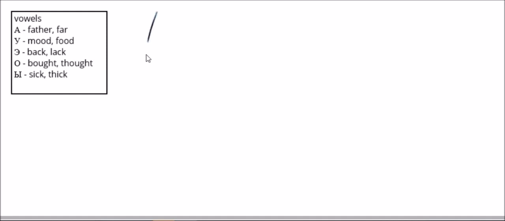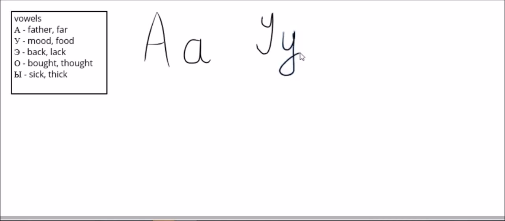Okay, so now we'll learn how to write them. I hope you're writing it, and you'll practice later. So A looks like English A. There's no need to practice writing it, you just need to memorize how to pronounce it. A. Capital and lowercase look the same, just like English A. Then U looks like English Y. Also easy, lowercase Y, but it's U in Russian, yeah?